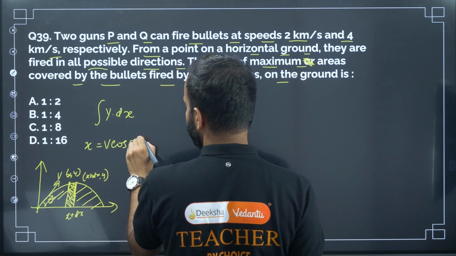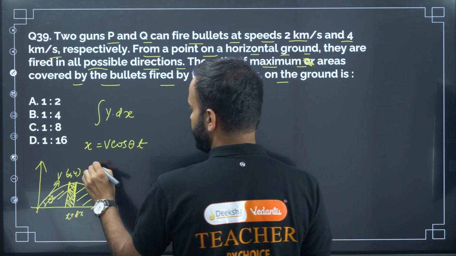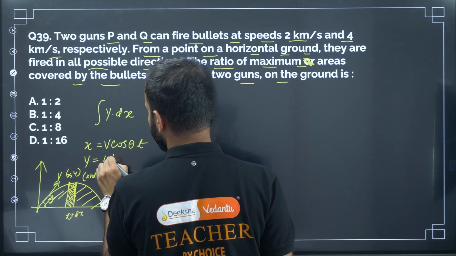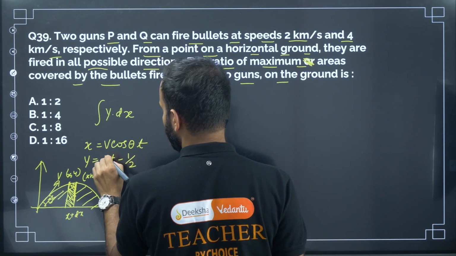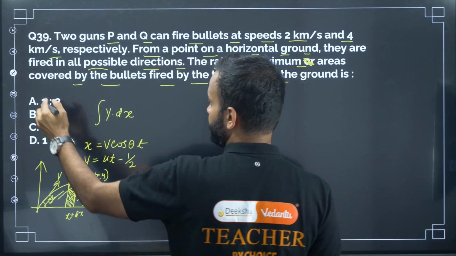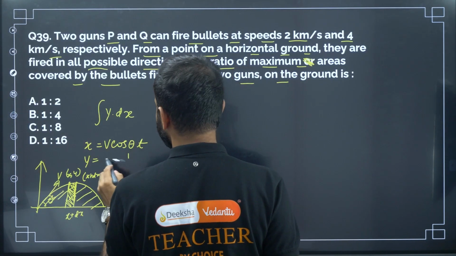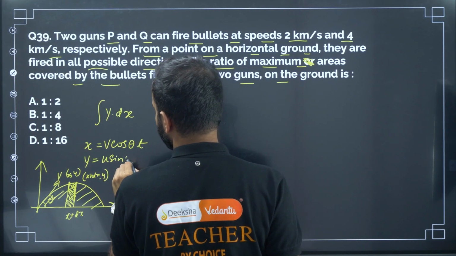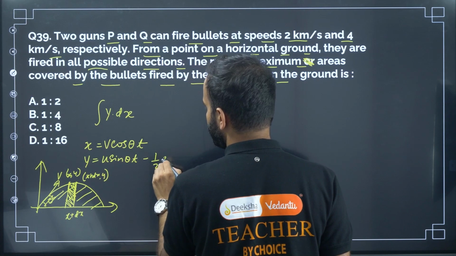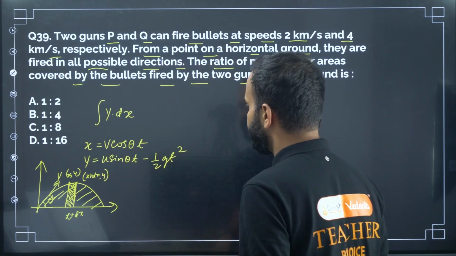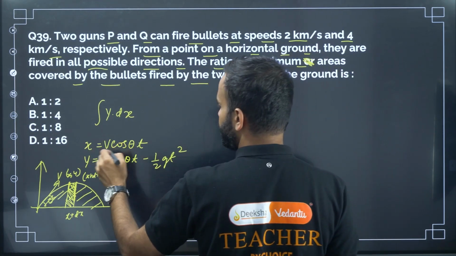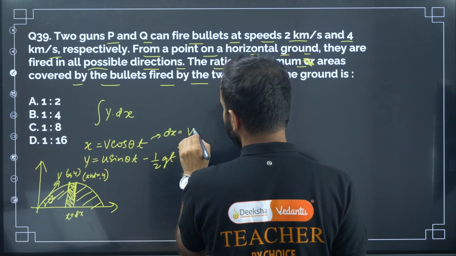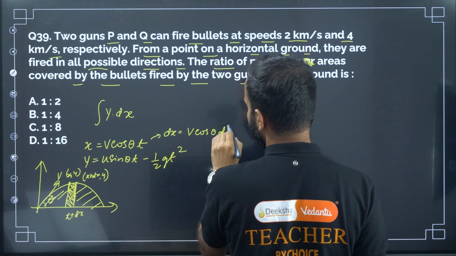And the vertical distance traveled by the projectile is y equal to v sin theta into t minus half g t square. Okay, so now what is dx? Differentiate x. Here dx is equal to v cos theta into dt, right?